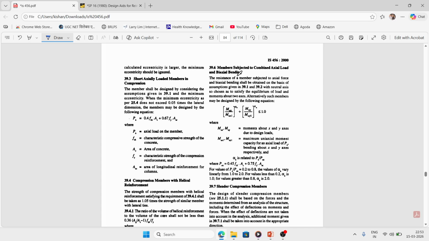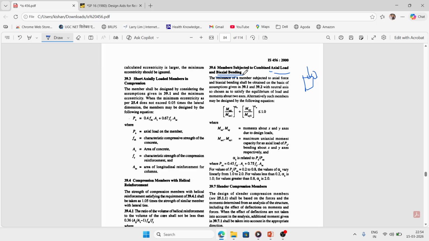See, the member is subjected to combined axial load and biaxial moment. It is biaxial because the moment is given about the x and y axis, in both directions. So it is biaxial bending. You have to design the column for axial load and the moment given in both x and y axis.